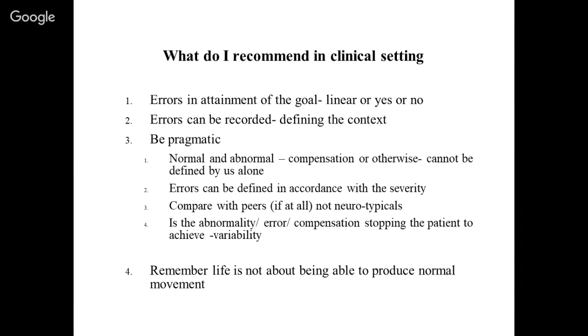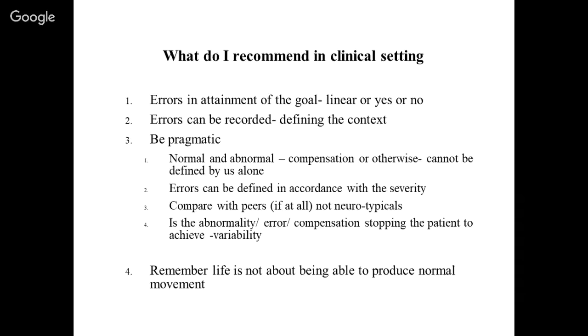So that is my recommendation. And also, if you are comparing for normality, compare with their peers. Say for example, if you have a patient with cerebral palsy who is GMFCS 4 or 5, compare them with other children who have 4 or 5, not with normal children, or even with children who are 1 or 2.